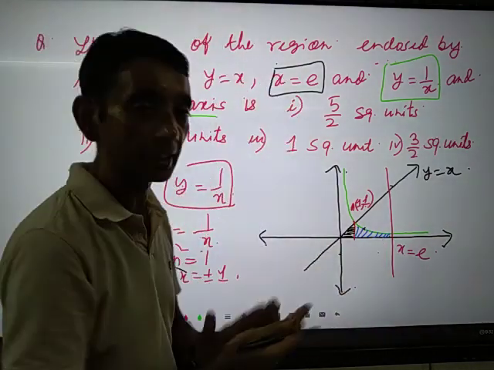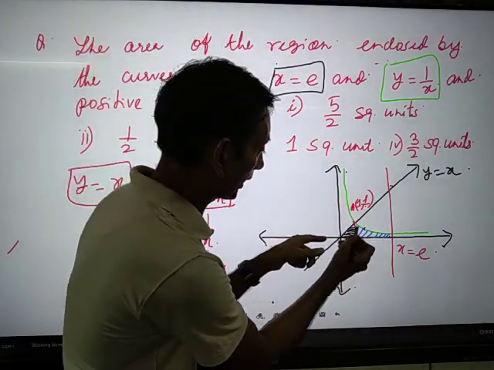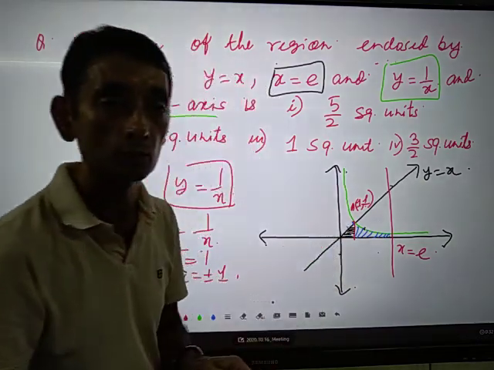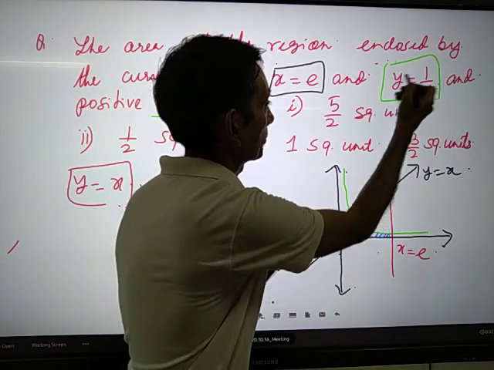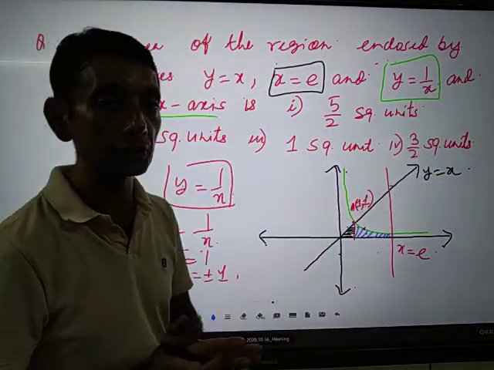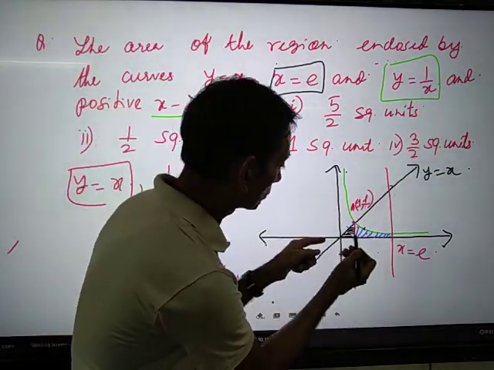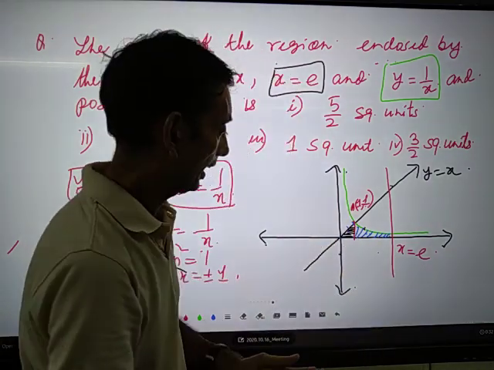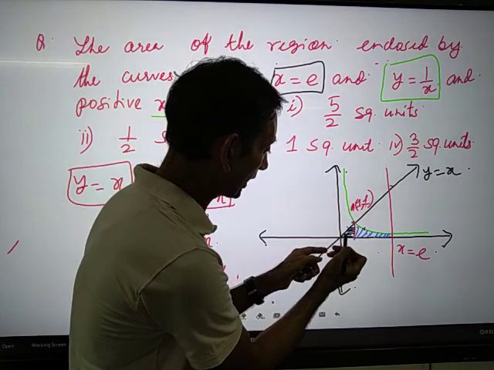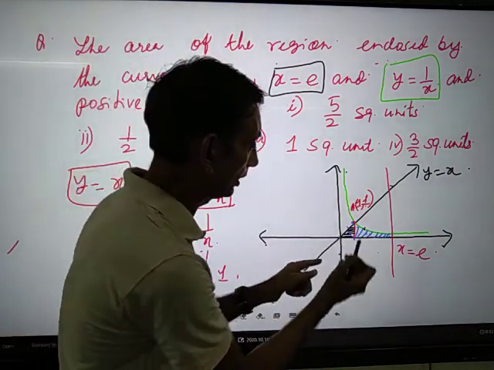So you need to integrate separately because this triangle is bounded by the line, but the second portion is bounded by the curve, that is y equal to 1 by x. So how do you integrate? You can integrate from 0 to 1, and then from 1 to e. And for this first area, we don't need to integrate because it's a triangle and you can find the area.